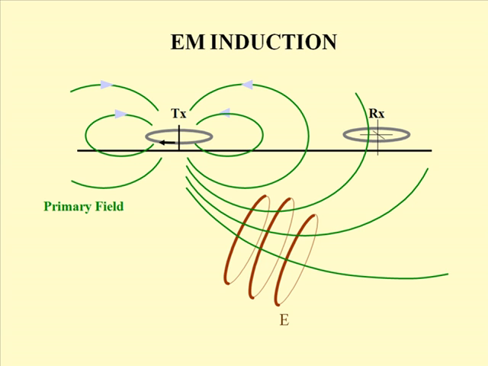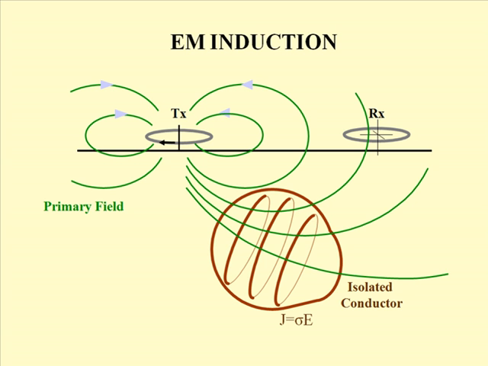Remember, a time-varying magnetic field, according to Faraday's law, has an electric field that circulates around it. And I've drawn some electric fields circulating around it down here. The electric field actually circulates everywhere, but I've just drawn it in that region, because that region, as you'll see on the next slide, is a zone where there is some conductive material.